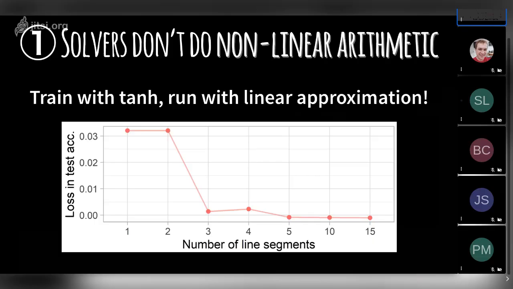And as you see, after 3, the loss in accuracy is completely negligible. We could do more subtle things, but really, this already works really well. Surprisingly, really.